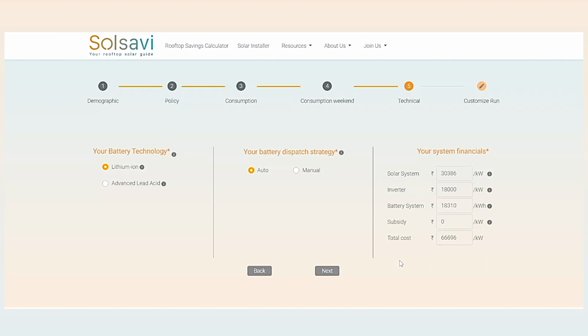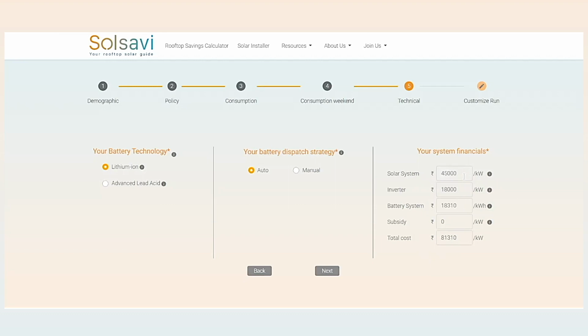So once you have defined your system financials, which are suggested from benchmark cost, we understand that these can sometimes vary from actual scenario, and we have provided you with the possibility of giving your own system financials in case you find a value that is different from what we have suggested.